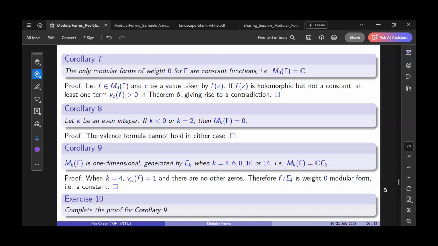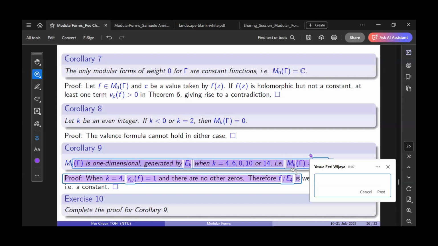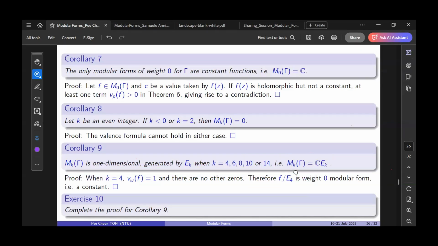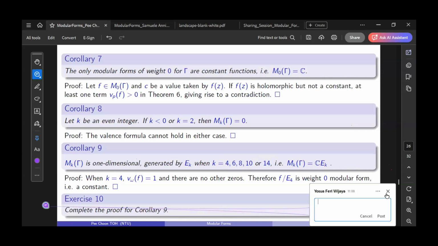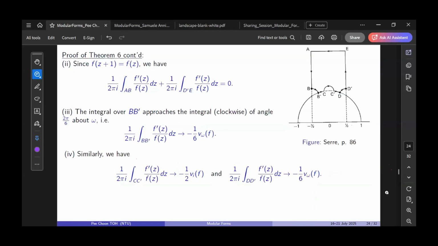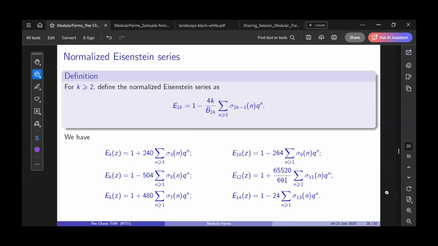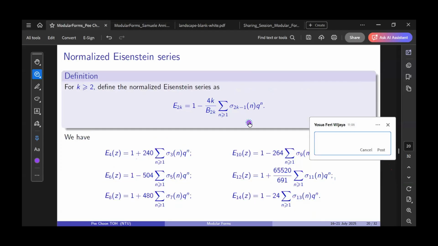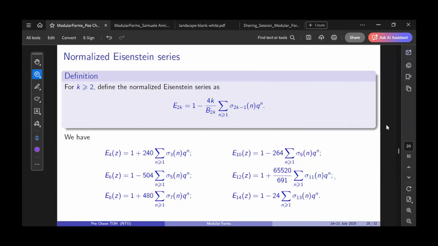Or in essence, all modular functions with weights 4, 6, 8, 10, and 14 can only be this, the Eisenstein series of sigma. That's why I say that this Eisenstein series is very special.